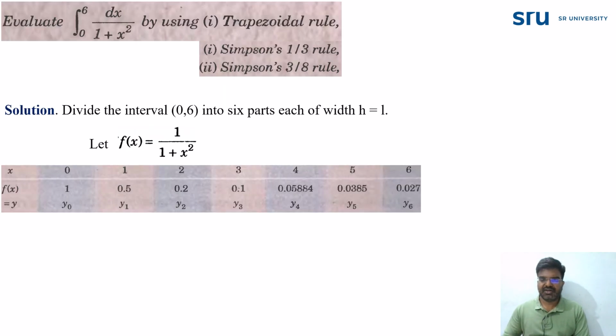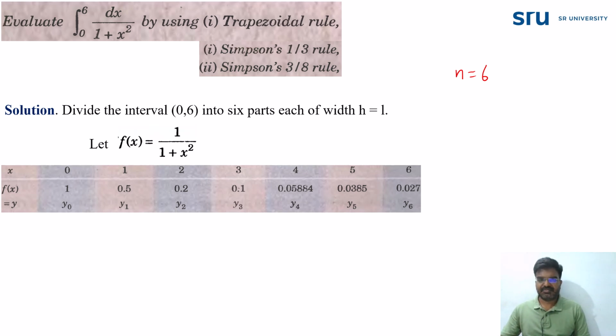I will choose one common value. I am choosing here n equal to 6, means number of subintervals equal to 6. So this is applicable for 3 rules. Trapezoidal rule, there is no restriction, so n equal to 6 is acceptable. For Simpson one-third, n must be even, 6 is even number. Simpson 3/8, n must be multiple of 3. Yes, 6 is multiple of 3. So this is acceptable for the 3 rules.